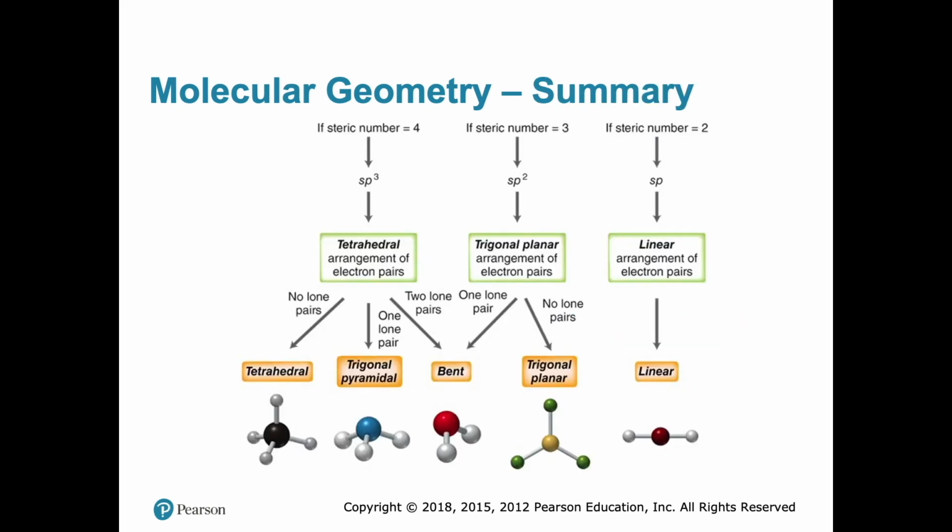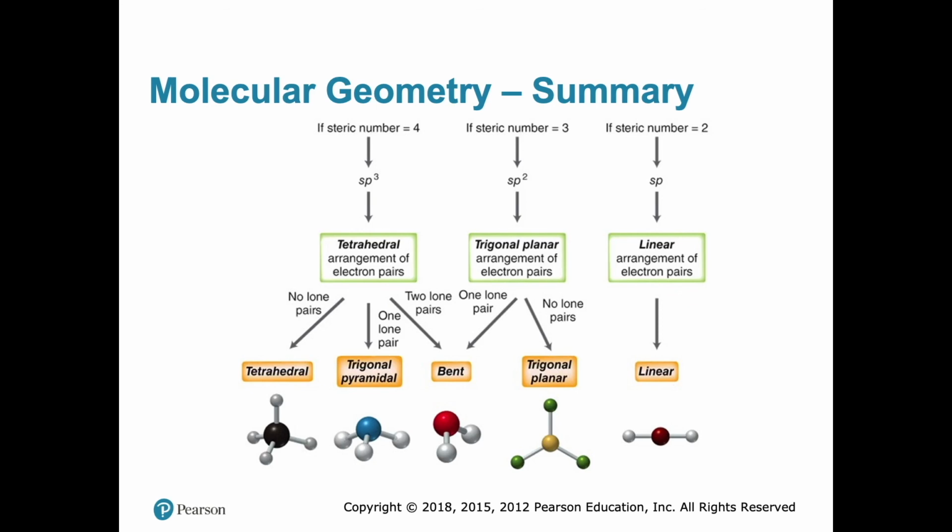You're welcome, right? Because I made this chart for you here that tells you exactly what is what. See, steric number 4, sp3, it's tetrahedral. How many lone pairs? None? Then it's tetrahedral. If there's 1 lone pair, trigonal pyramidal, so that's like ammonia.